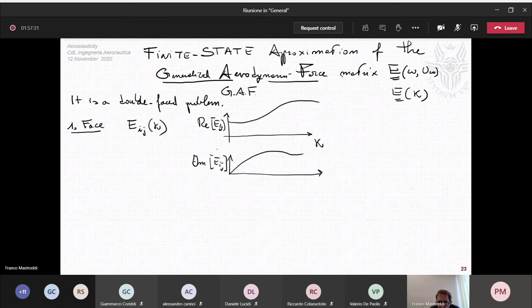The imaginary part of any kind of transfer function is always starting by 0. At 0 frequency, you have 0 imaginary part, always. And you have a straight linear trend in the neighborhood of 0. And the real part is always something starting with 0 derivative, something horizontal here. This is a story which is common for any kind of transfer function.